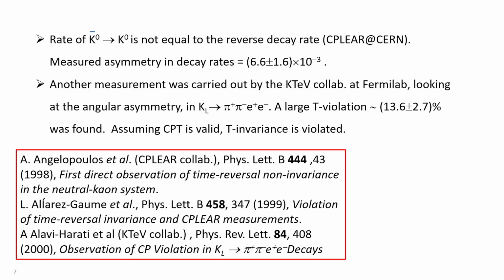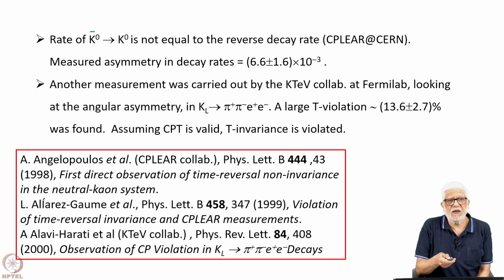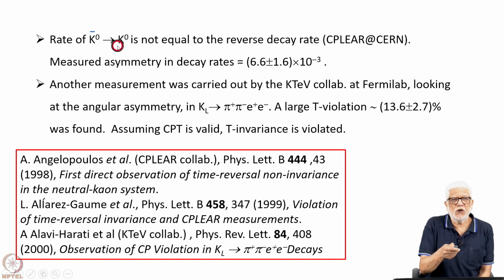There is another very nice way of looking at time reversal invariance and its possible violation, and this is the decay rates of K0 and K0 bar. So, the rate of K0 bar going to K0 is not the same as K0 going to K0 bar.